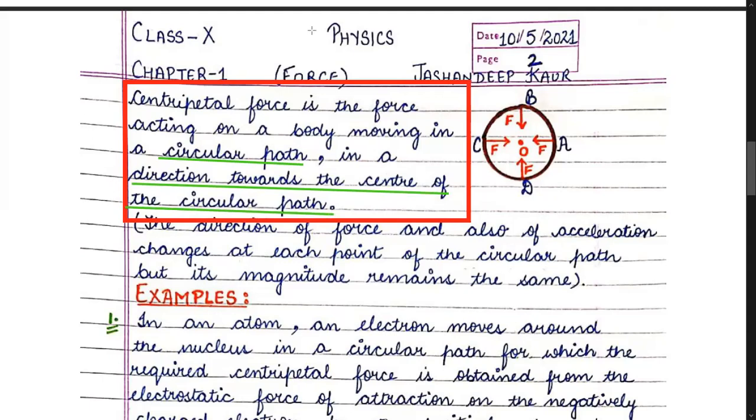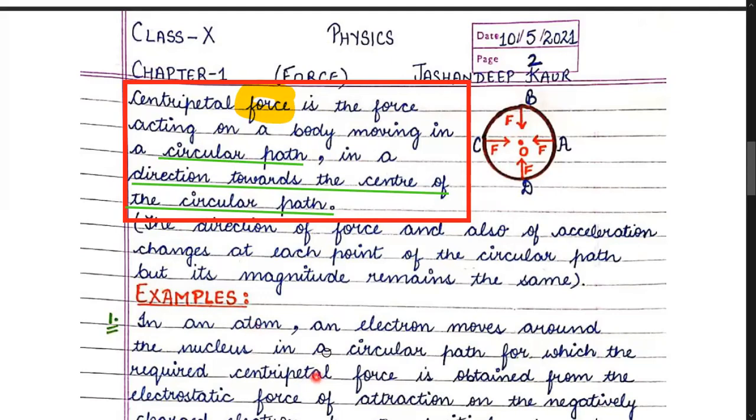Children, as we know, force is a vector quantity. That means it has magnitude as well as direction. So centripetal force is the force acting on a body moving in a circular path.